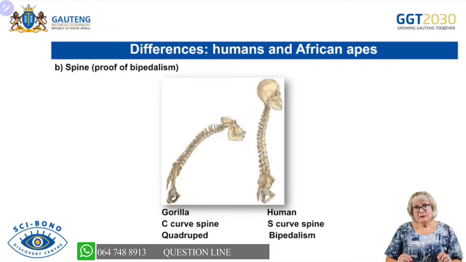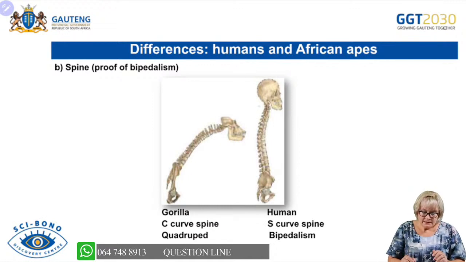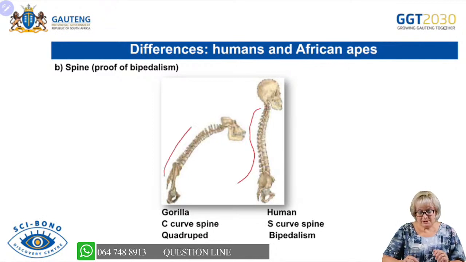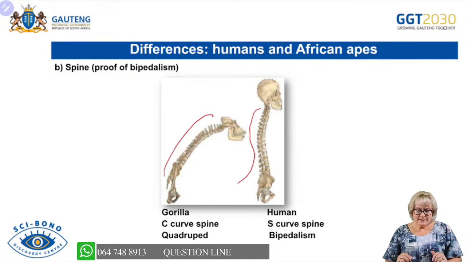Then the next thing we're looking at is the spine. The form of the spine also tells us something. And what you must know, if you take a photograph of your own spine, you will see that your spine is more S-shaped. It looks like this. While in African apes, the spine is more C-shaped or curved. All right. Why is that?